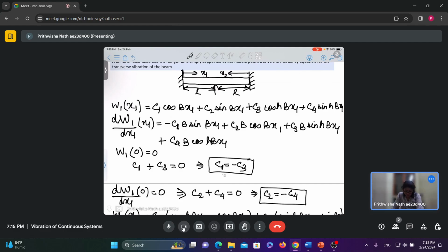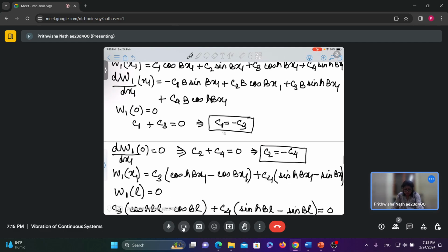Similarly, we set the derivative of W1 with respect to x1 to 0 at x1 equals 0, which gives me C2 plus C4 equals 0. Therefore, C2 equals minus C4.